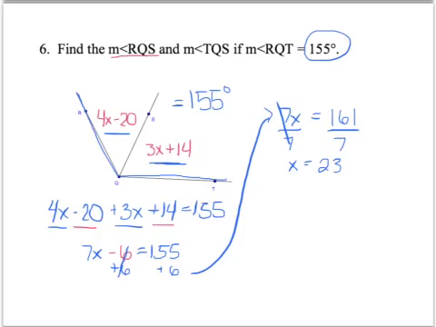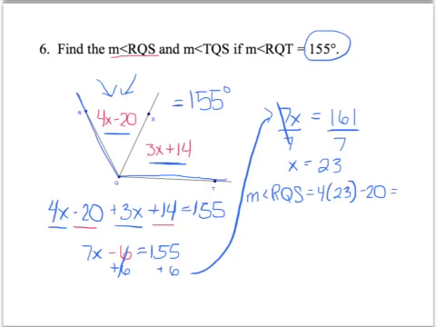Alright, but the problem says find the measure of angle QRS. So I need to plug 23 back into 4x minus 20. So instead of 4x minus 20, I'm going to put 4 times 23, then minus 20. You can just simply type that in your calculator, or do it on your paper.